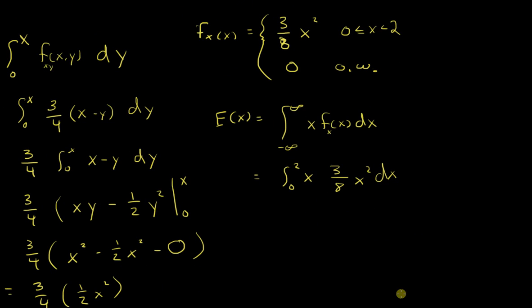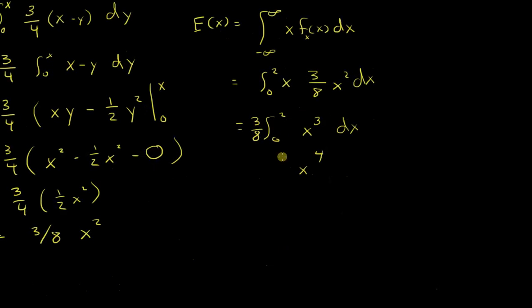Now we just need to solve this. This is just calculus. I'll pull my 3/8 out front, and I have x cubed dx. When I do this integral, I need to bring that power up to the fourth, so I have 1/4 times 3/8, evaluated from 0 to 2.